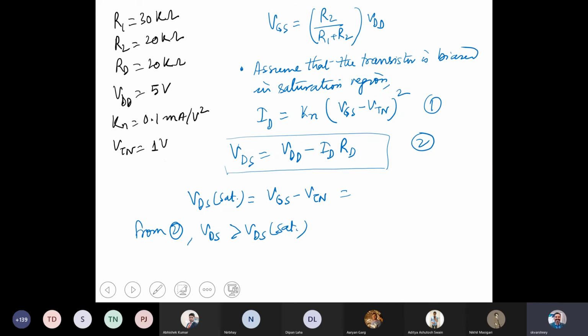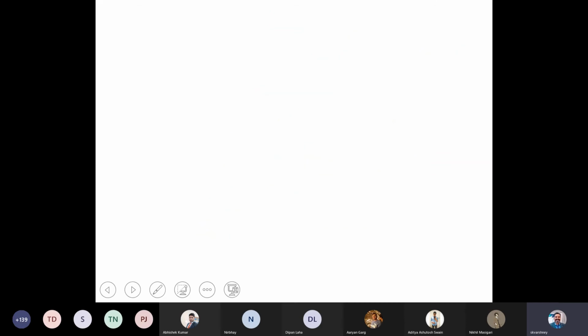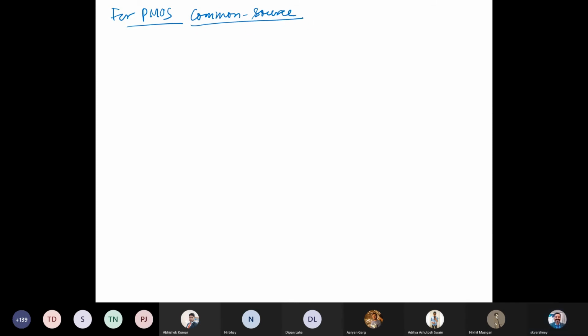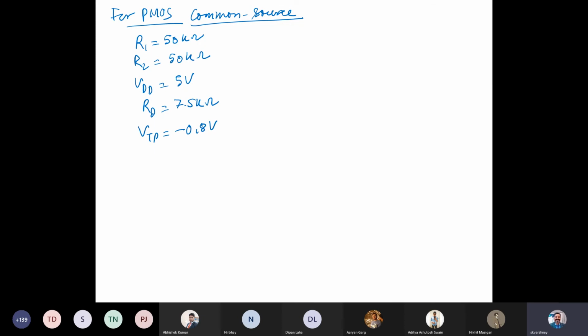So in case of PMOS, the parameters we can write down for a PMOS common source circuit. Let's assume R1 equals 50 kilo ohm, R2 is 50 kilo ohm, VDD is 5 volt, RD is 7.5 kilo ohm, VTP is minus 0.8 volt, KP is 0.2 milliampere per volt squared.